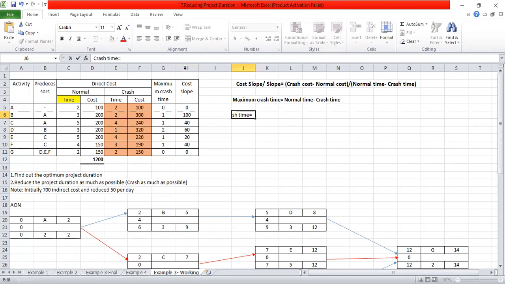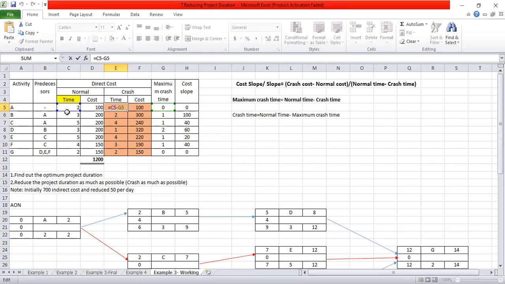Therefore, the normal time remains on the other side. So normal time minus maximum crash time. In order to find the crash time, first you have to get your normal time, and from that normal time, deduct the maximum crash time. So this is the thing that I have done.